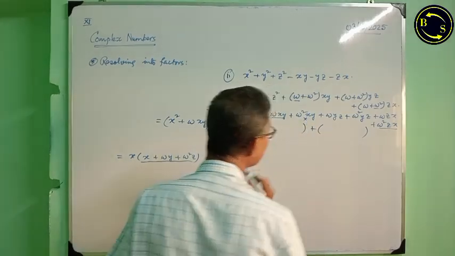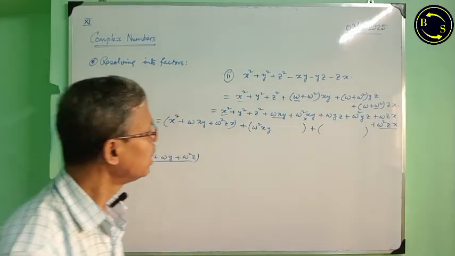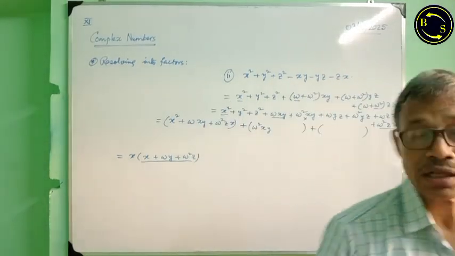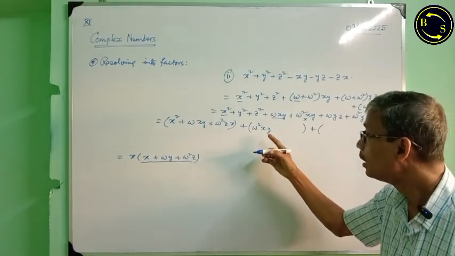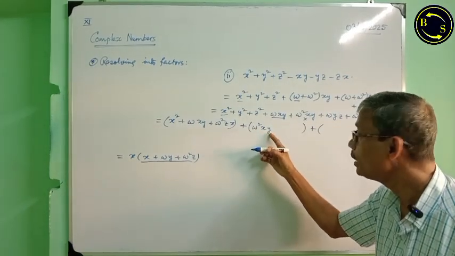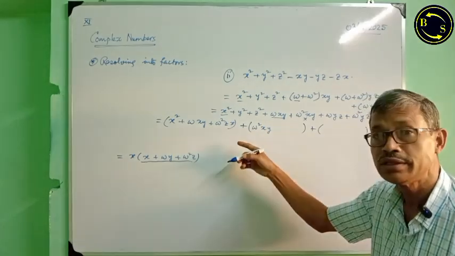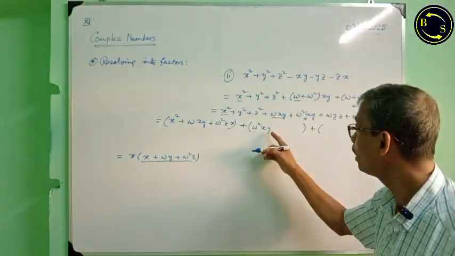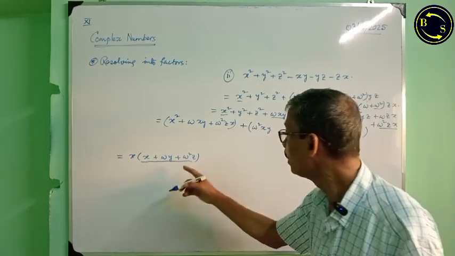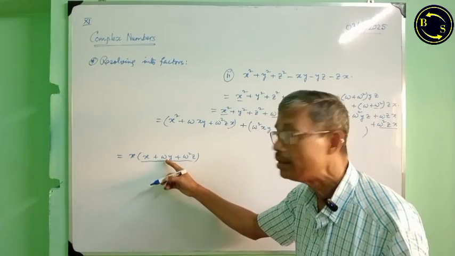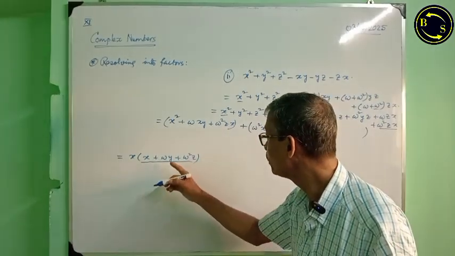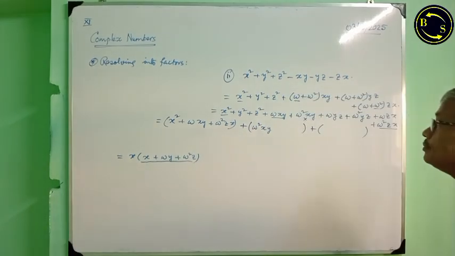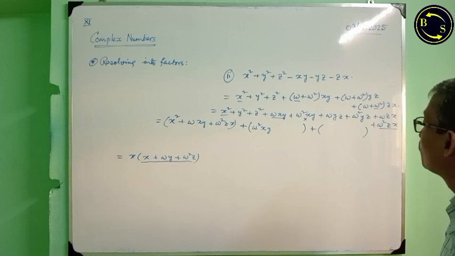I mark like this and think if I take omega y outside so that x will be inside the bracket, then that is to be multiplied with omega y. That means that will be omega cube y square.